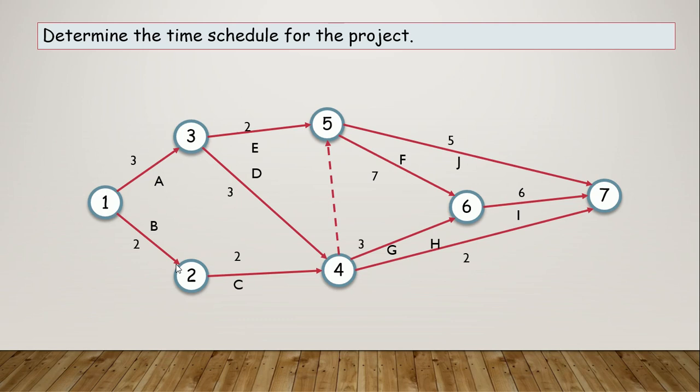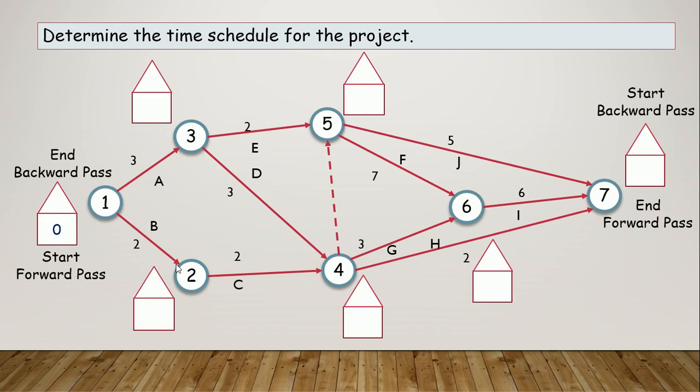For that case, we have to define forward pass and backward pass conditions. Okay. Template-like notations should be given to all the nodes here. This square indicates the forward pass and this triangle represents the backward pass.